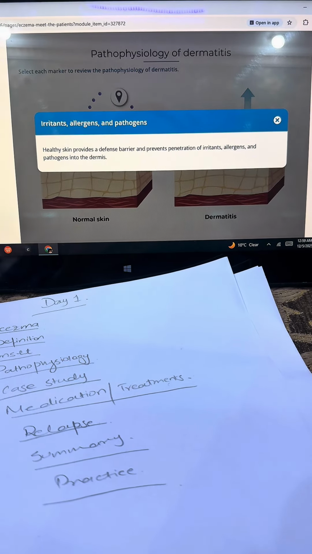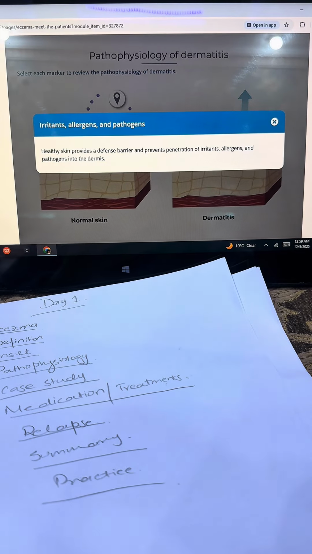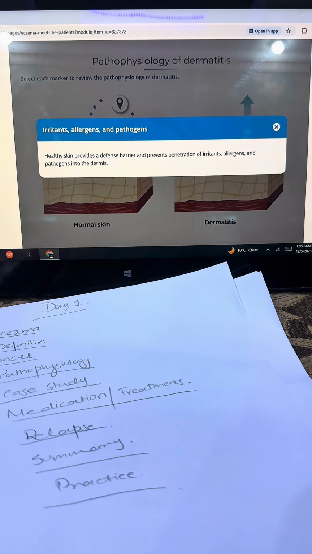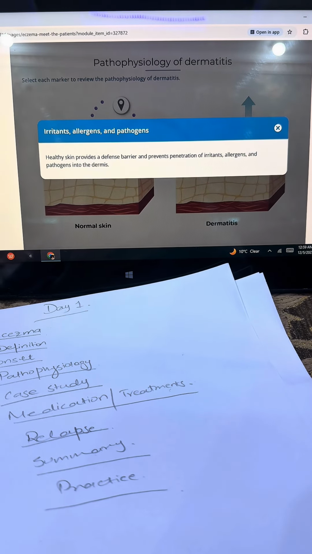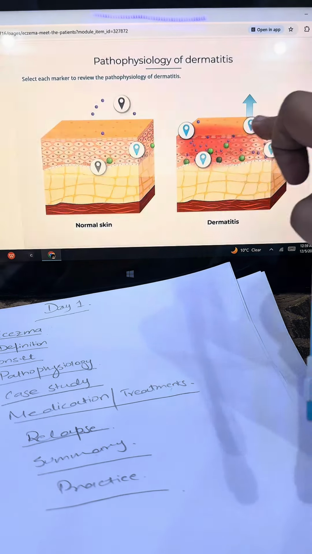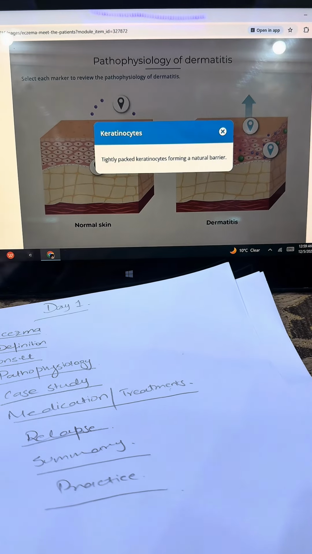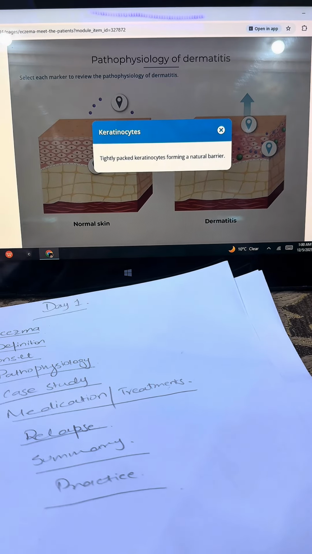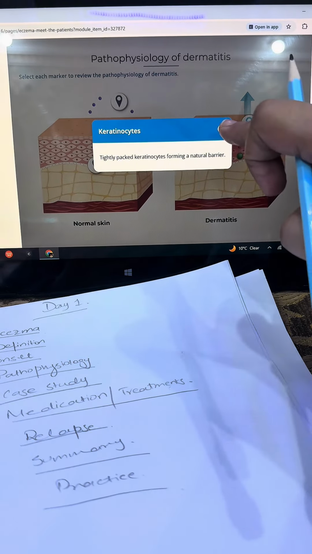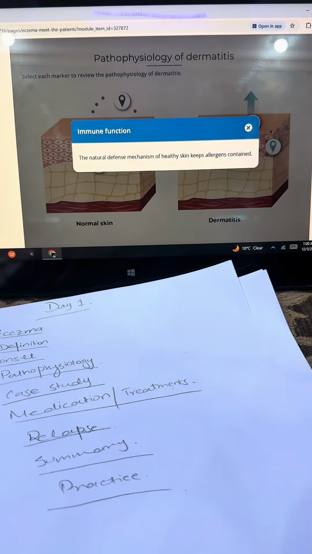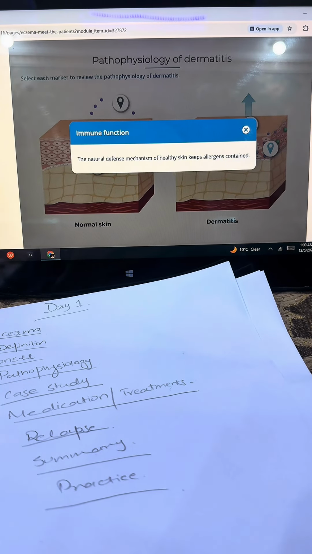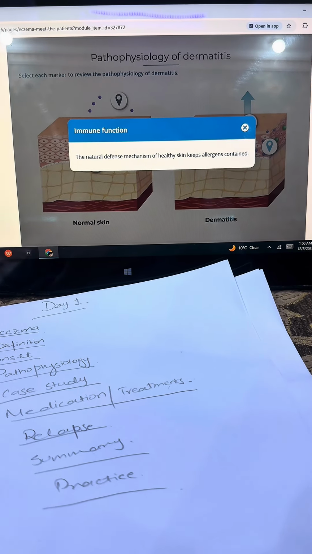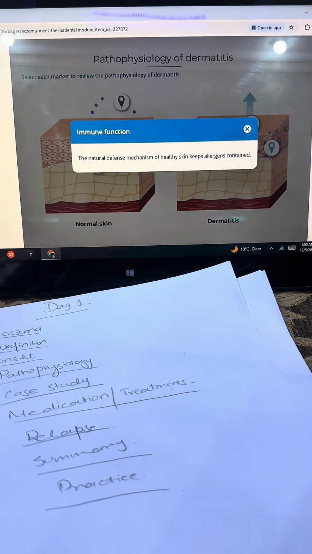Healthy skin provides a defense barrier and prevents penetration of irritants, allergens, and pathogens into the dermis. Tightly packed keratinocytes form a natural barrier. And in the last one, immune function, the natural defense mechanism of healthy skin keeps allergens contained.